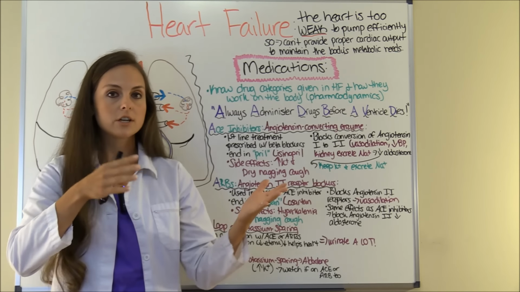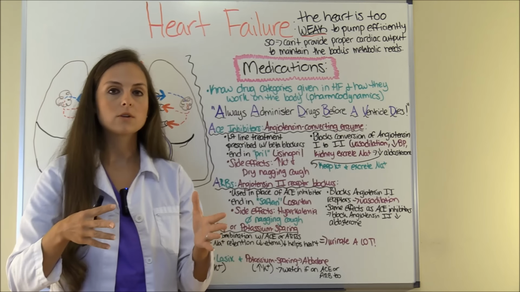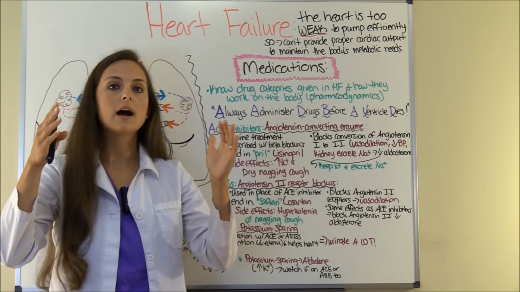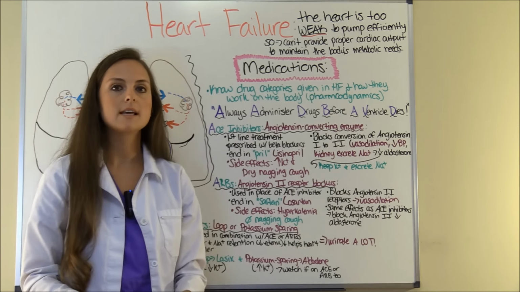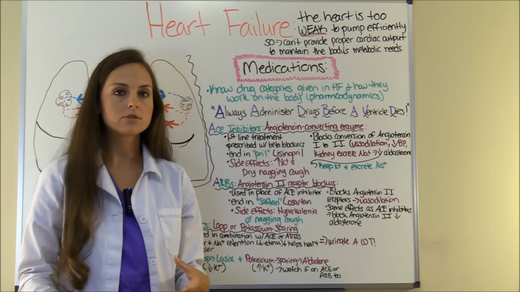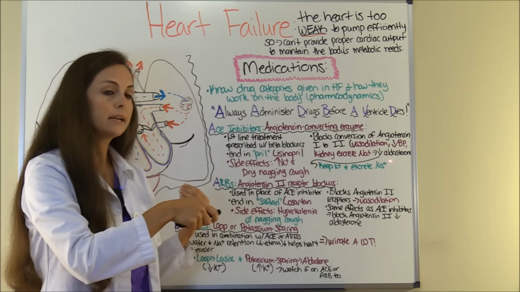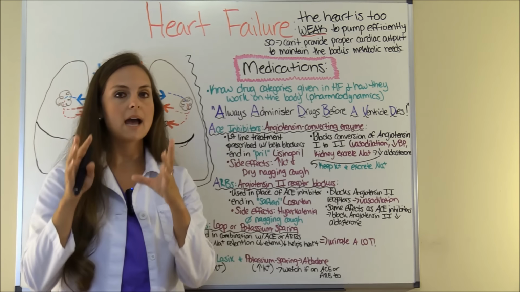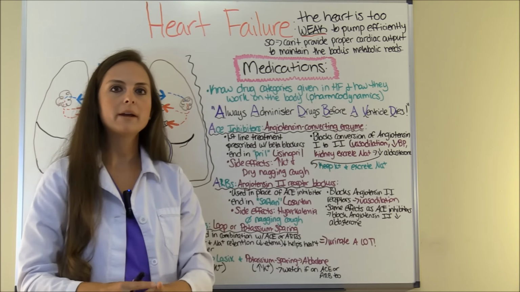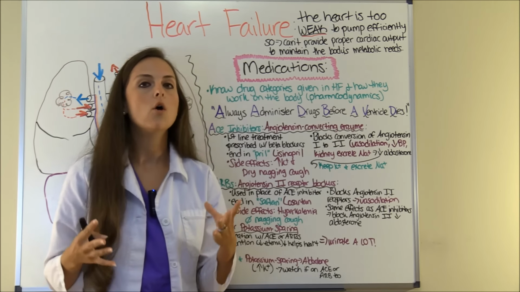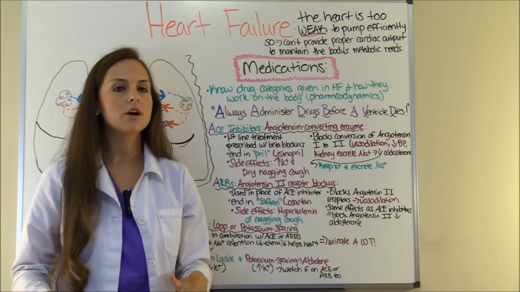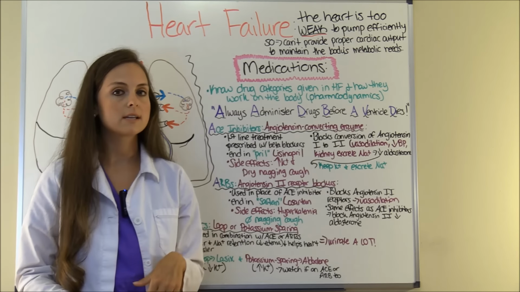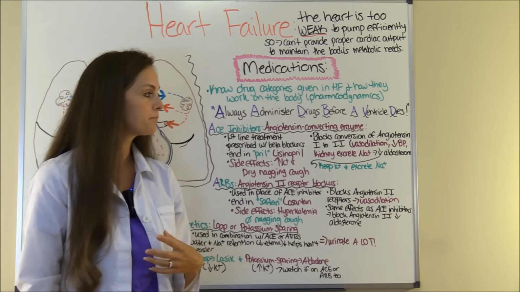Whenever angiotensin is being blocked, it's going to cause your aldosterone levels to decrease. What does aldosterone do? Whenever aldosterone is decreased, it will cause your kidneys to keep potassium but excrete sodium, which is what we want in heart failure. We're trying to get rid of all that extra sodium and fluid in the body, and this drug is helping us get rid of that extra sodium.